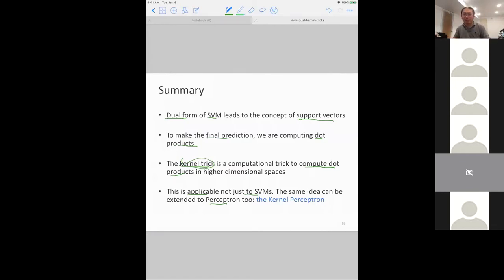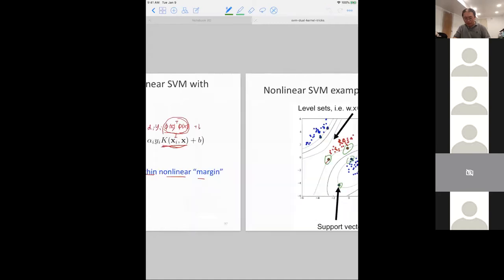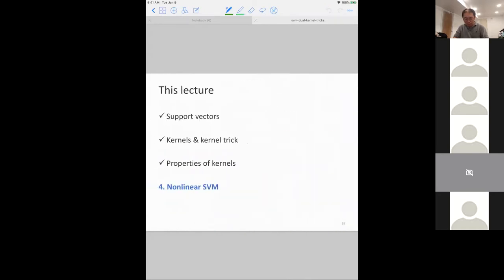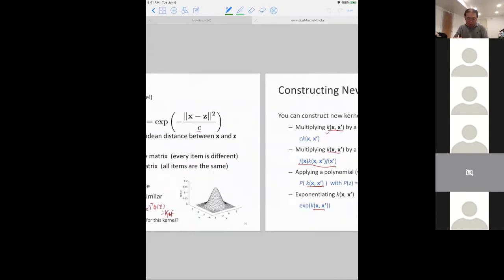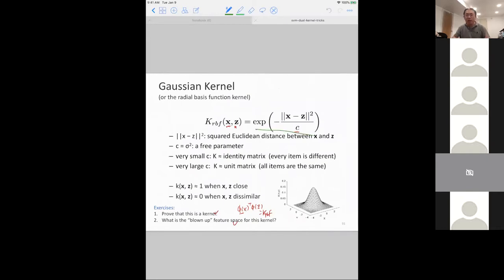Many kernels correspond to infinite dimensional mappings, like the Gaussian kernel, which is a well-known, simple one. I highly suggest you try to find the original feature mapping for the Gaussian kernel. You'll see where the infinite feature mapping comes from.